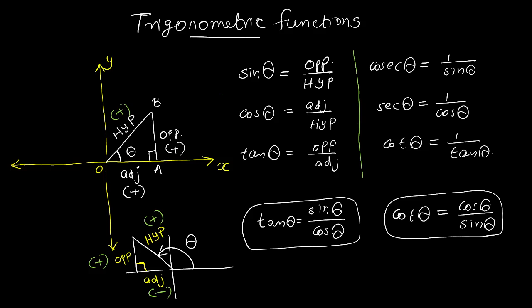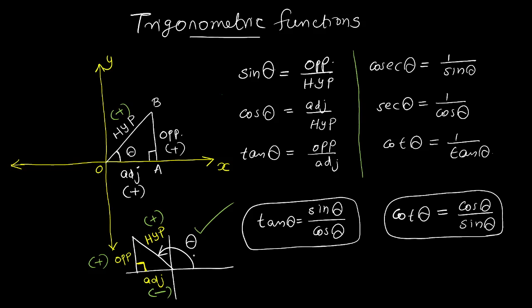My second point is, theta can be any angle, not limited to a smaller angle. It can be a higher angle also. For a higher angle also, I can define a right angle triangle. So sine, cos, tan are sometimes positive, sometimes negative, depending on the value of theta.